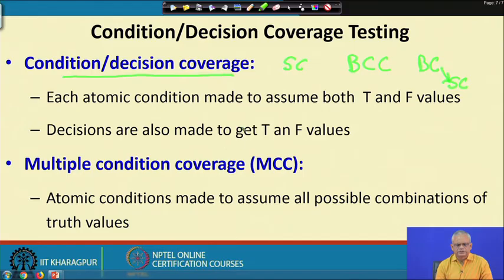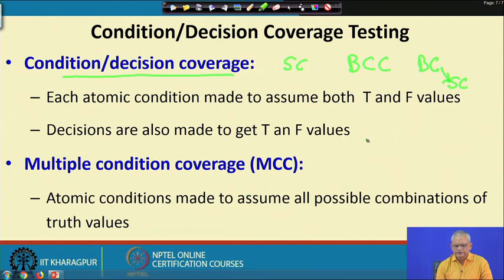But is it the strongest testing? You can see that this is stronger than both branch testing and the basic condition coverage, but is it the strongest? No, the strongest is multiple condition coverage. Here all possible atomic conditions are made to assume all possible combinations of truth values.